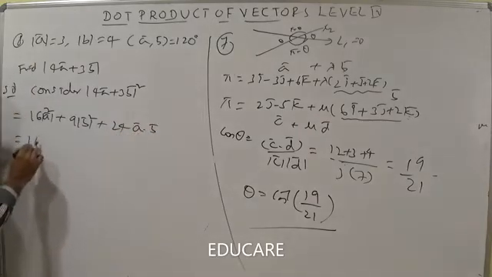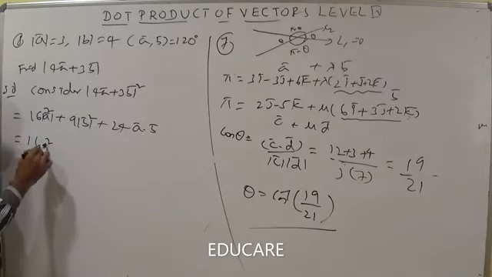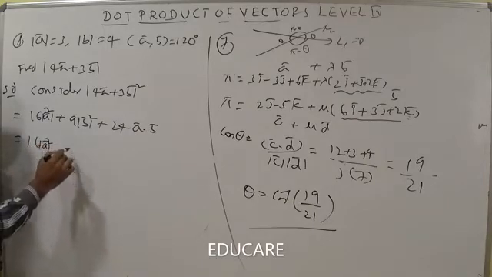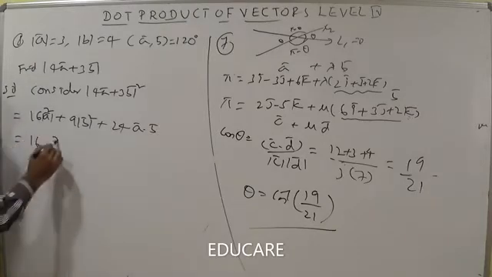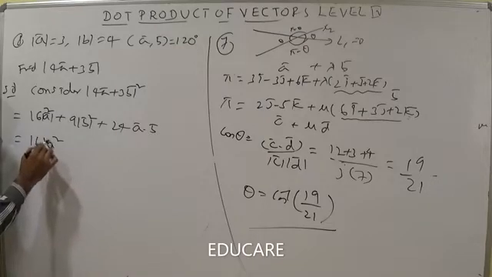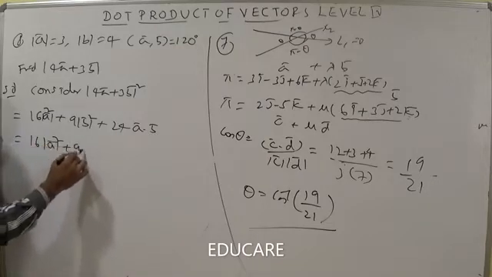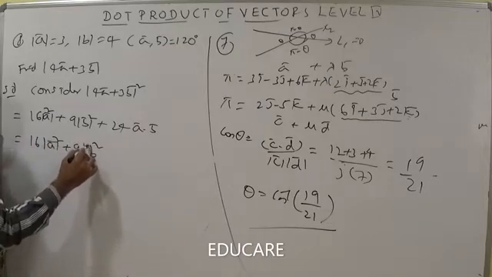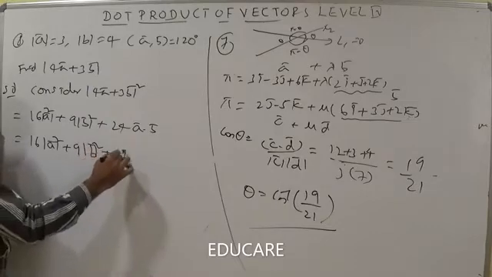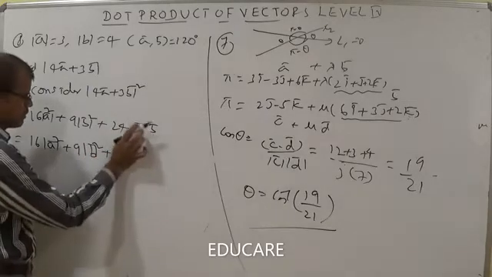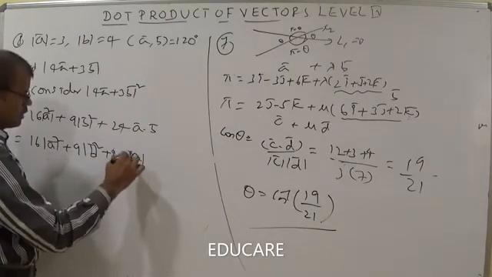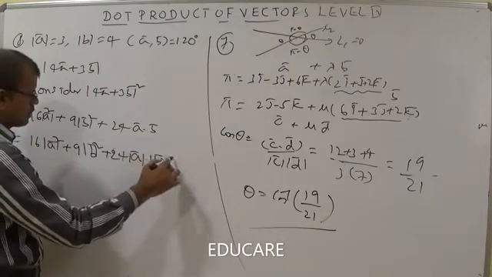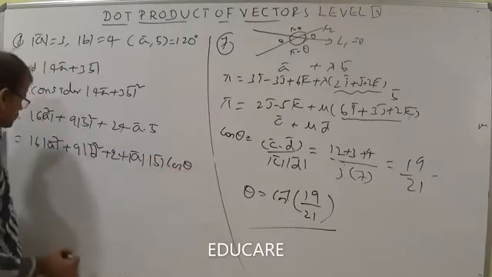That is 16 a bar squared plus 9 b bar squared plus 24 mod a into mod b into cos theta.